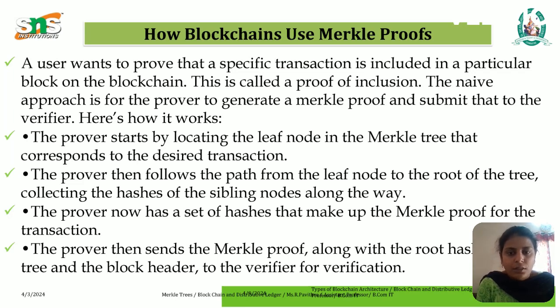Here is how it works. The prover starts by locating the leaf node in the Merkle tree that corresponds to the desired transaction. The prover then follows the path from the leaf node to the root of the tree, collecting the hashes of the sibling nodes along the way.